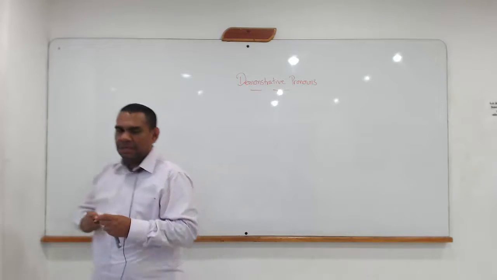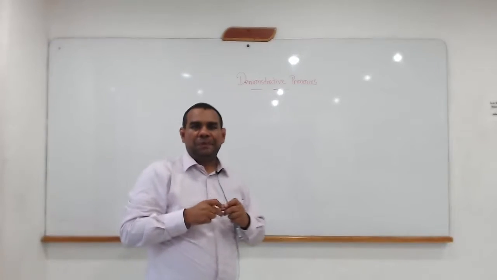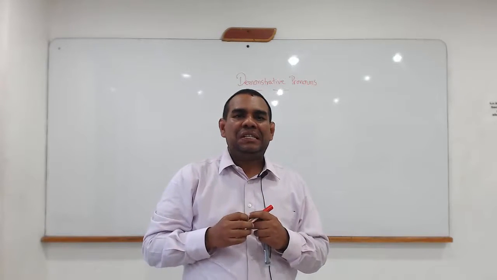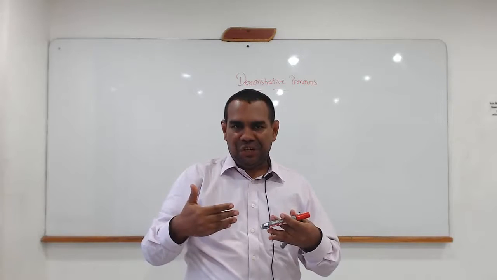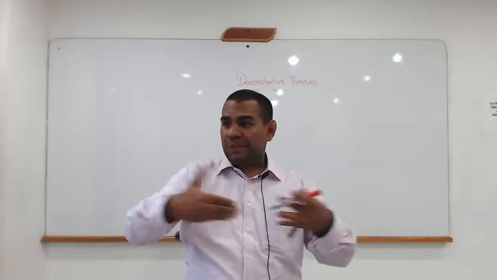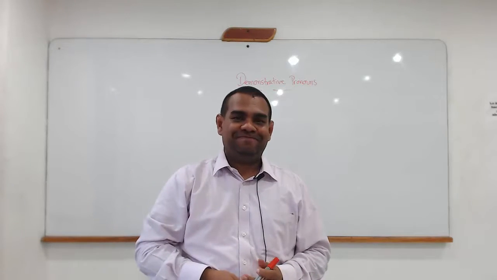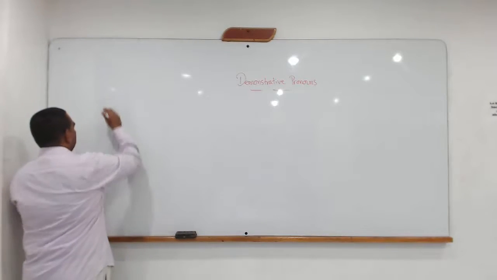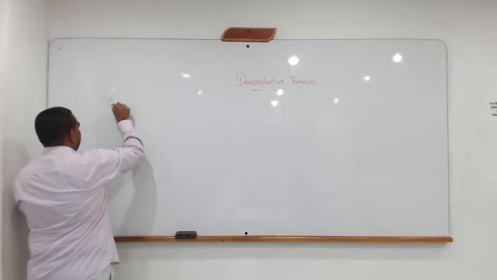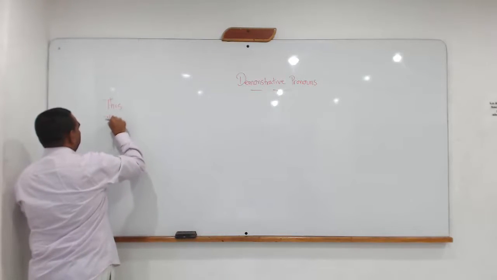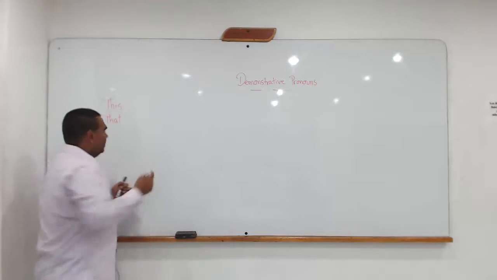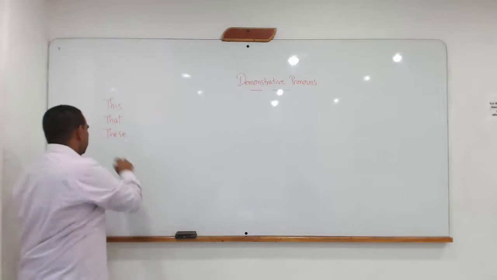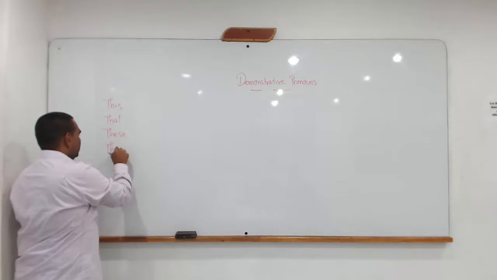They're going to tell us how far or how near we are with respect to the items we are talking about, right? So, essentially, they are this, that, these, and those.